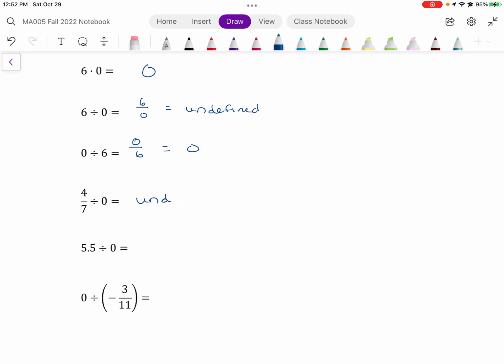That is undefined. So you don't have to write it as a fraction. You just need to know when you divide by 0, it is undefined. It doesn't matter what it is on the left side. 0 divided by -3/11, it doesn't matter what it is. It's going to be 0. So you don't have to really think about dealing with fractions or decimals. If there's a 0 involved, the rule is very simple.